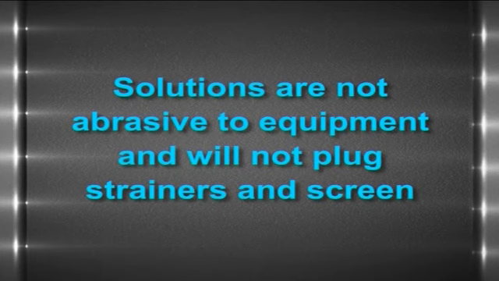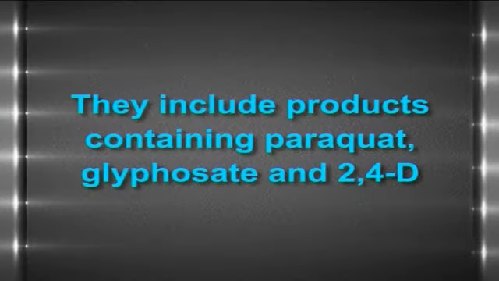Solutions are not abrasive to equipment and will not plug strainers and screens. There are several major herbicides with wide scale use that are formulated as solutions. They include products containing paraquat, glyphosate and 2,4-D.